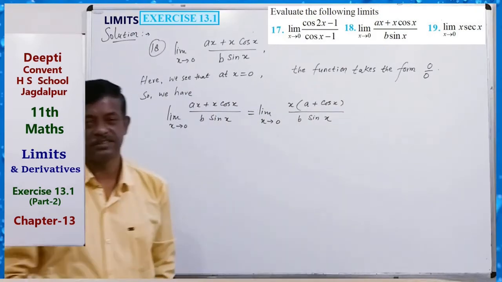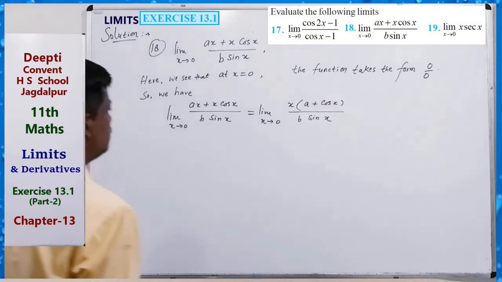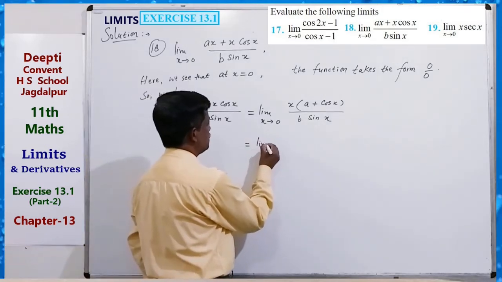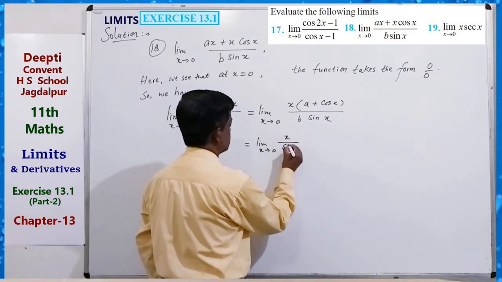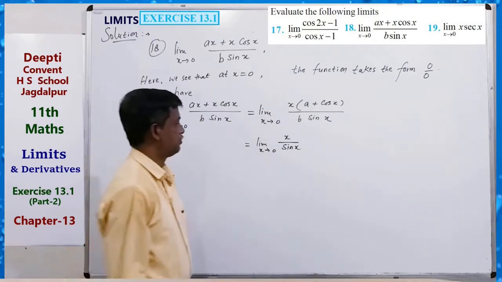Just we can write like this. We are trying to do something so that we can find the limit by using a standard formula. So here we can see that x tending to 0, x upon sin x.